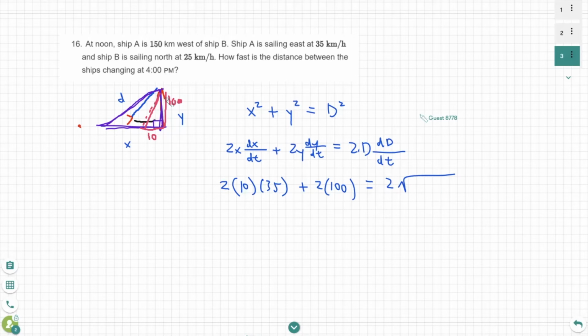What's 100 squared, and then what's 10 squared? 10,100. Okay.